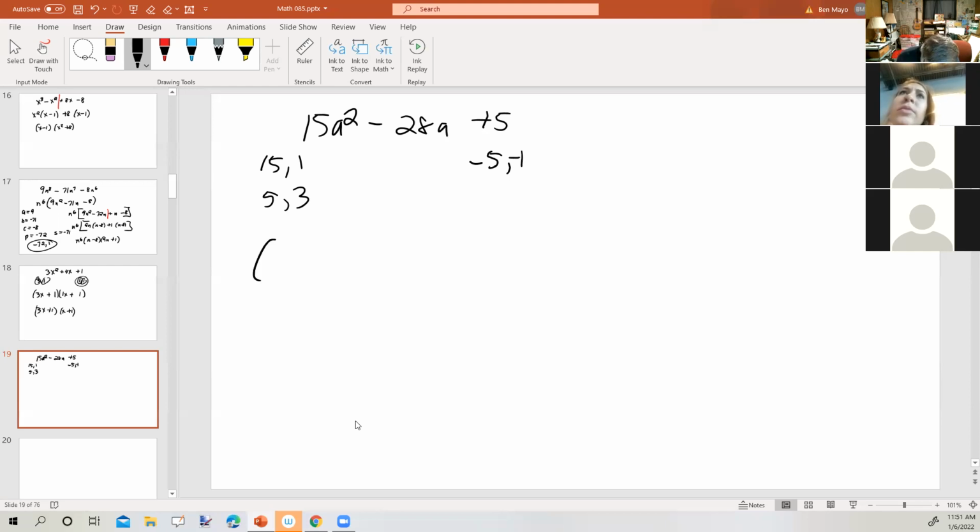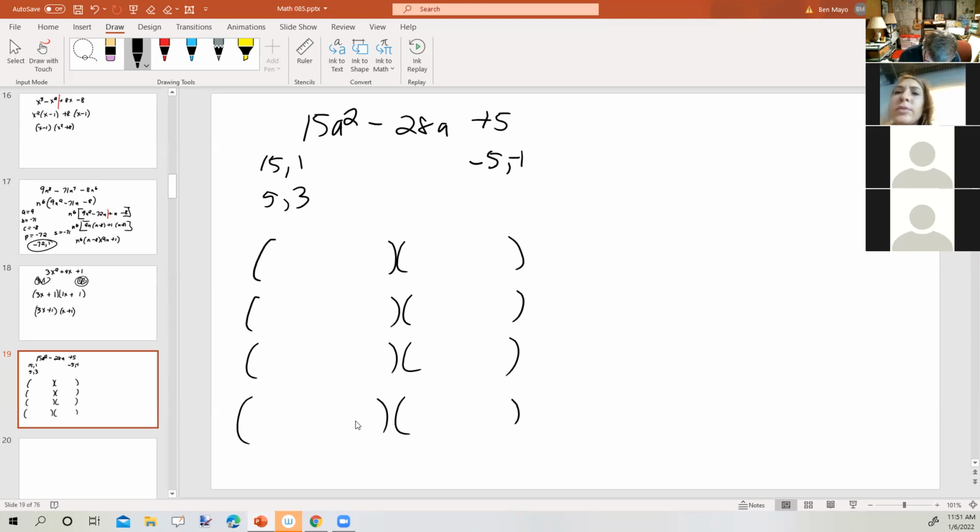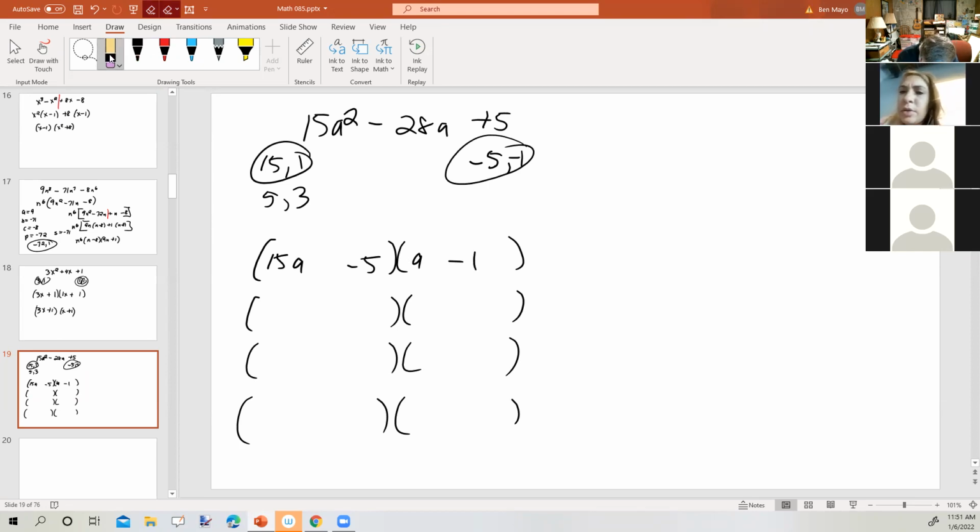So now I'm going to create all of the factor pairs whose leading terms in each one are these numbers, and whose ending terms in each one are those numbers. I'm going to get rid of that A. So there's a possibility, but I could also have that possibility, switching those around.